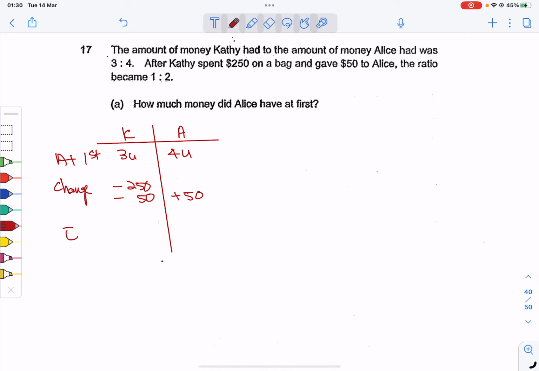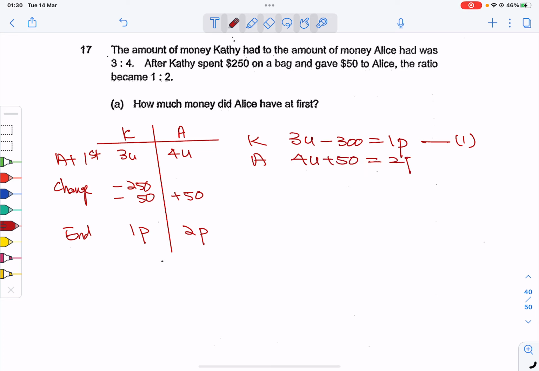And the ratio becomes 1:2. So since they are of different ratio, different sets, we'll put like that. So for K is 3 units minus 300 is 1p. So this is my statement 1. And for A is 4 units plus 50 is 2p.